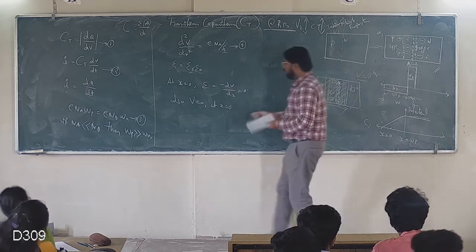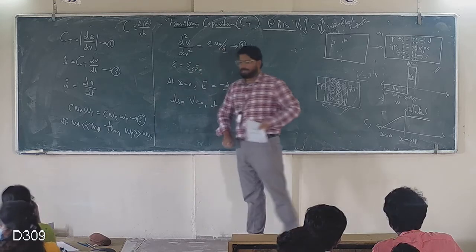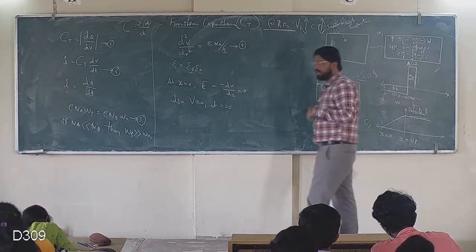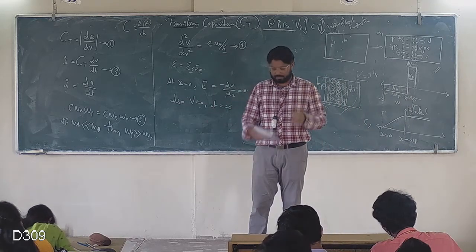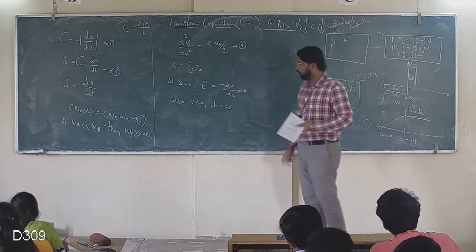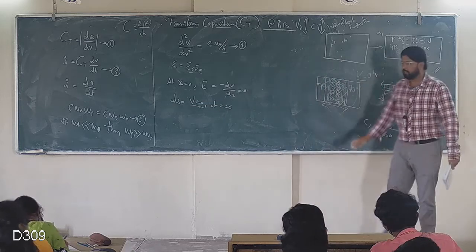Okay, at the junction, electric field E is equal to minus dV by dx, which equals 0, and also the potential at this point is equal to 0.